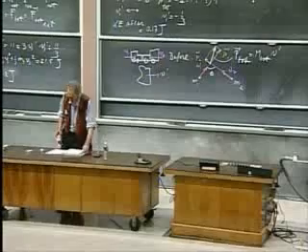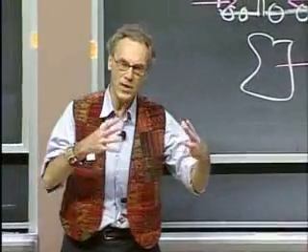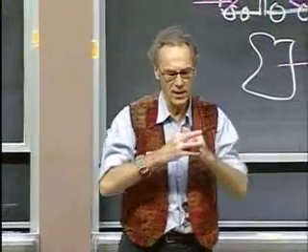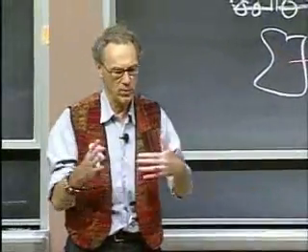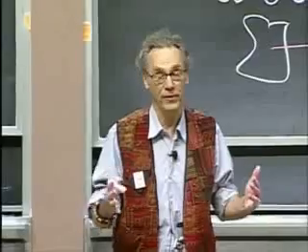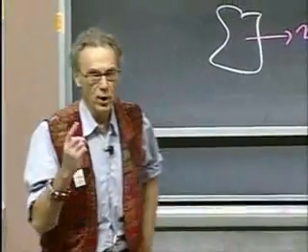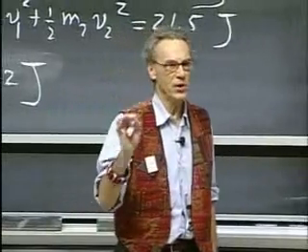Now, in all these cases, the objects stuck together. We've only considered cases where they stick together, in which case we call those in physics completely inelastic collisions. Now, next lecture, I will also deal with situations whereby, during the collision, the particles bounce off each other. In completely inelastic collisions, you always lose kinetic energy.